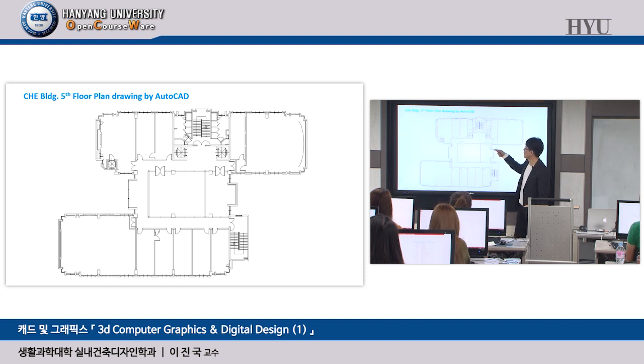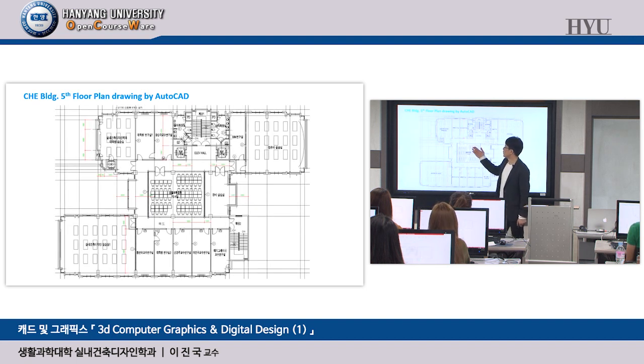This one only displays architectural symbols, which means doors, windows, or walls, okay? Take a look. Center lines of the walls and dimension lines, text, okay? Furniture layout, okay?